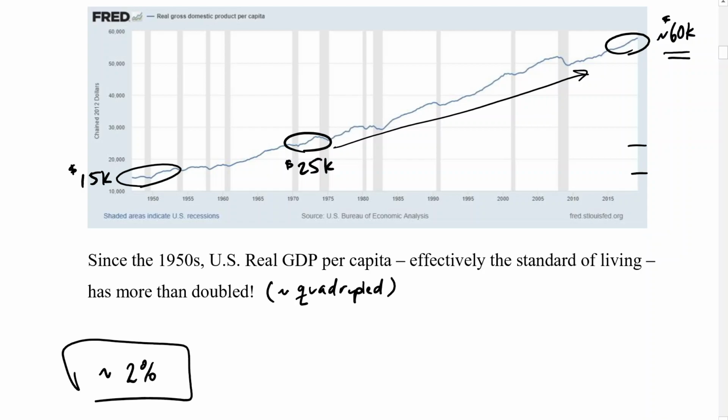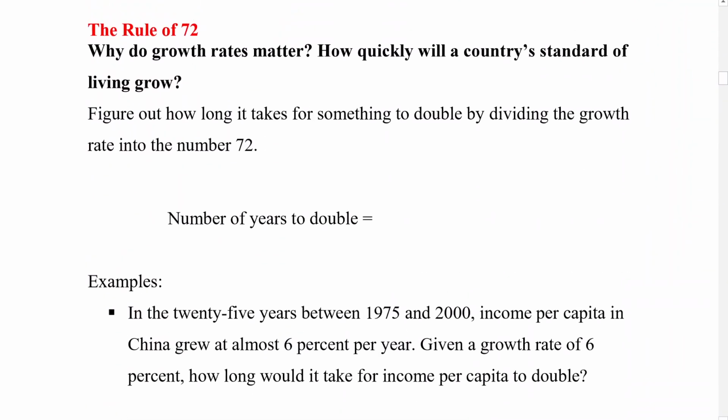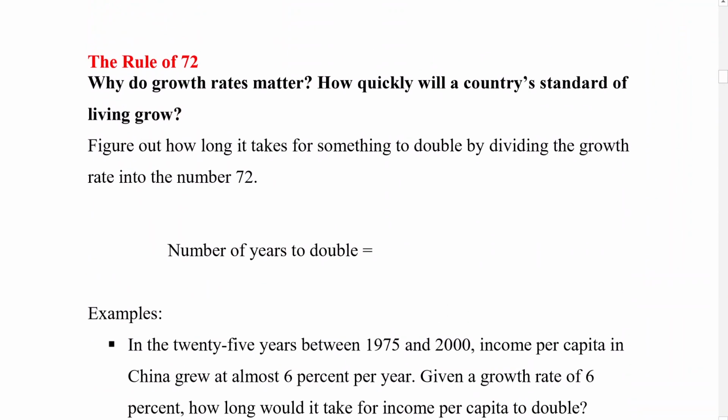So different countries have different economic growth rates, and based on that, we can use a little mathematical rule of thumb, called the rule of 72, to think about how quickly a country's standard of living will double.